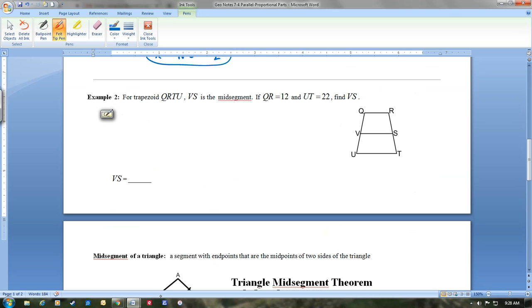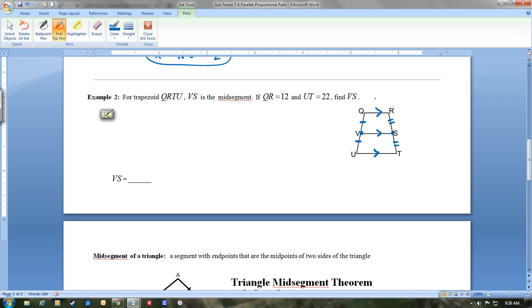Number 2, this is a trapezoid. We know in a trapezoid we have one pair of parallel sides. If VS is the midsegment, it is also parallel to the other pieces. Remember that V is the midpoint of that side, and S is the midpoint of that side. This is just a review from chapter 6, on midsegments of a trapezoid.